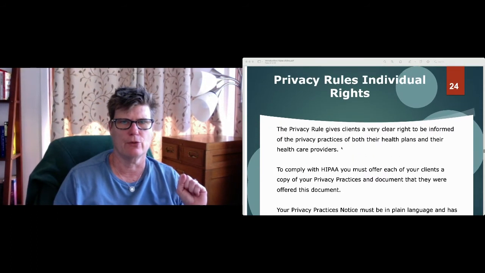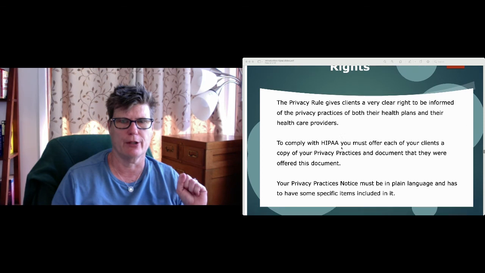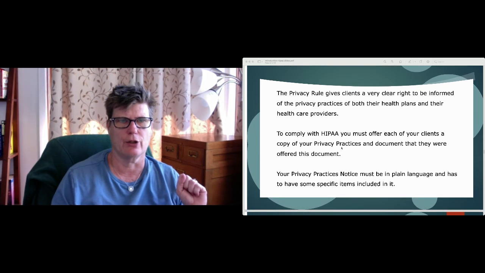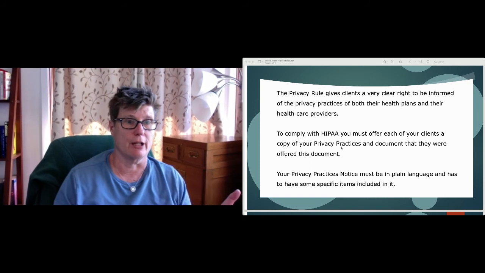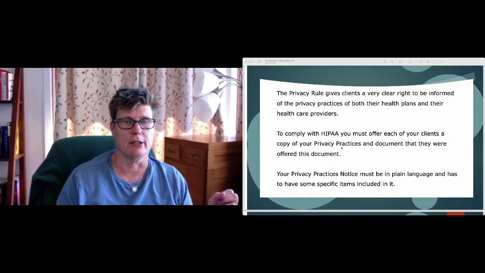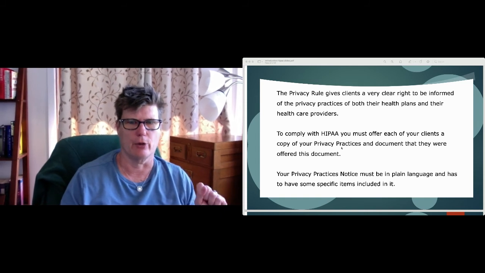The privacy rule gives your clients a very clear right to be informed of the privacy practices of their health plan and their healthcare providers. And each of your clients should be offered a copy of your privacy policies, and that needs to be documented. I have that in my informed consent. I have the paperwork available on my website, and they are all offered it, and they sign that they were offered it.